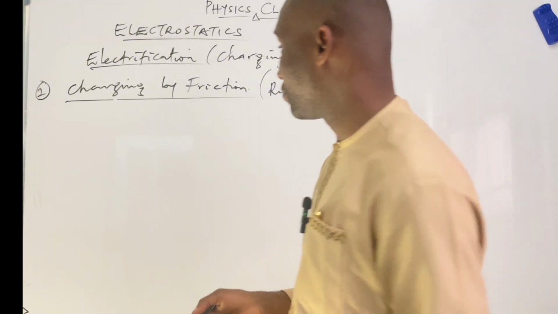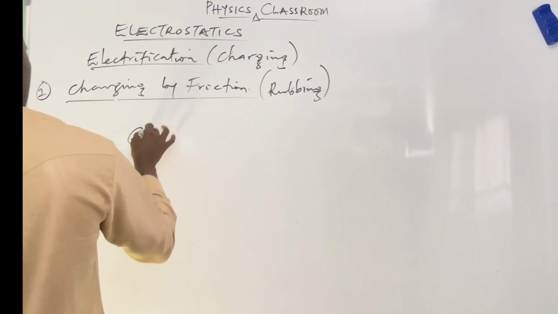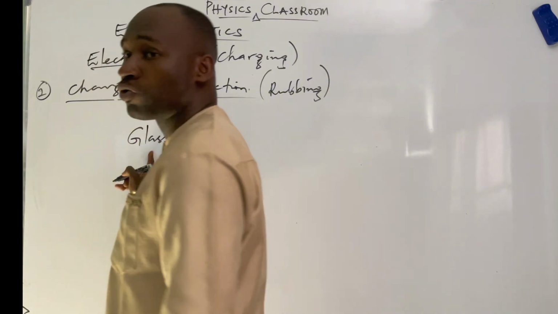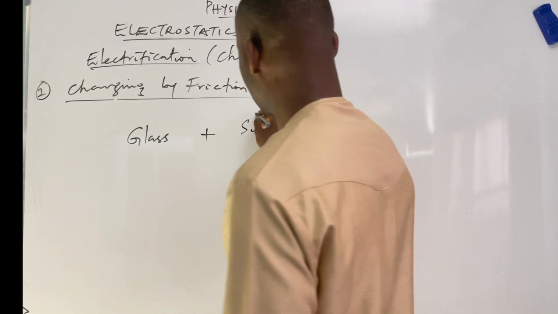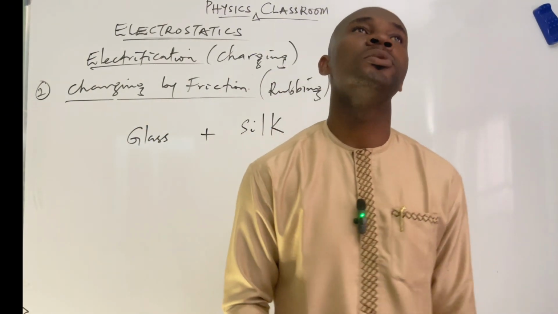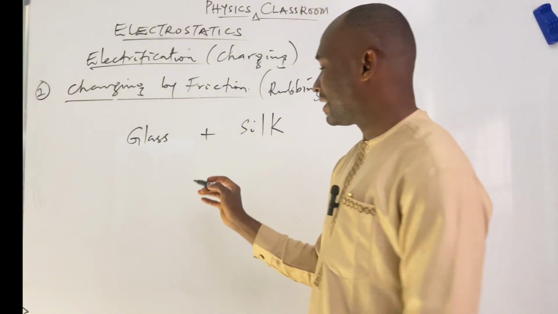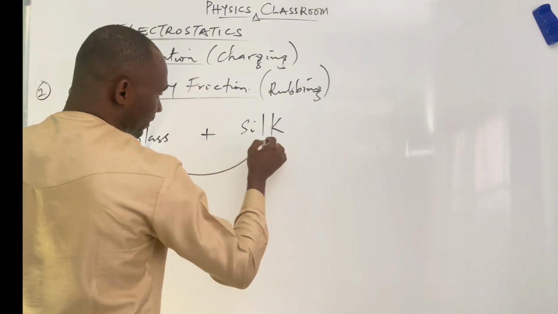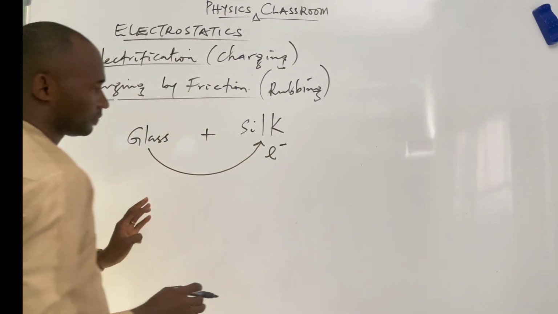And basic examples of this is glass rod and silk. Glass rod and silk. Now, we know that electron is being transferred from the glass to the silk.